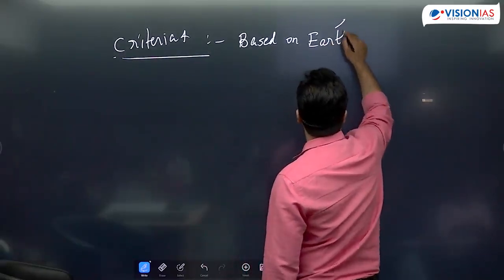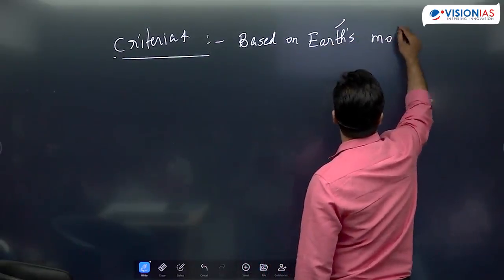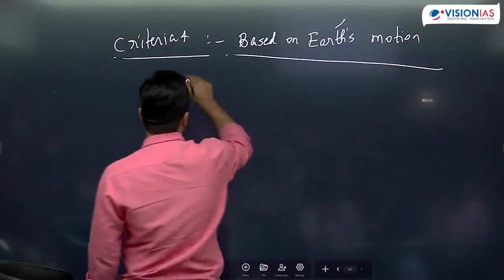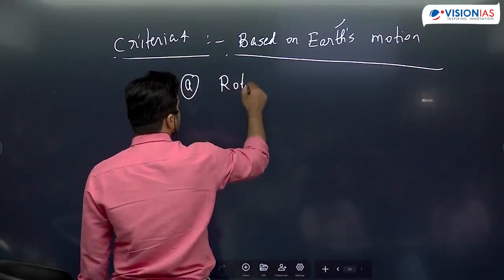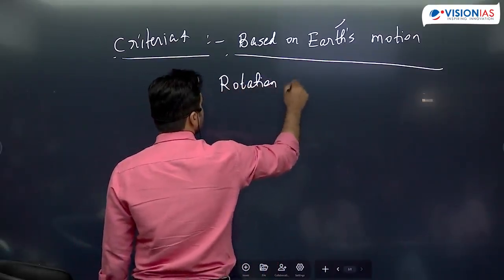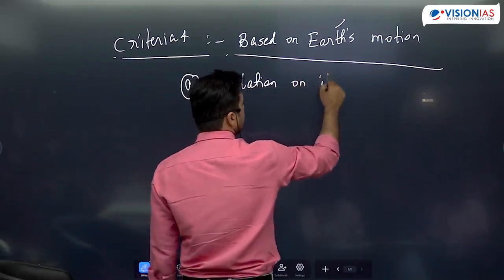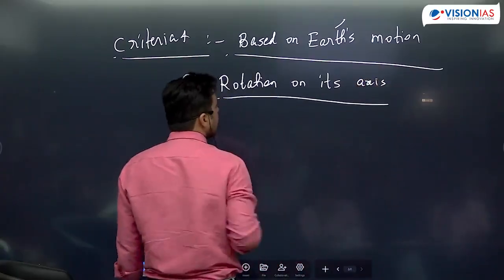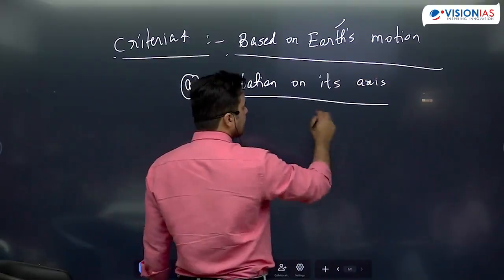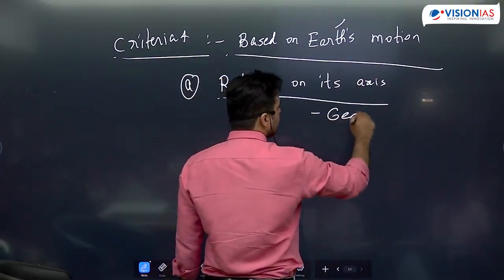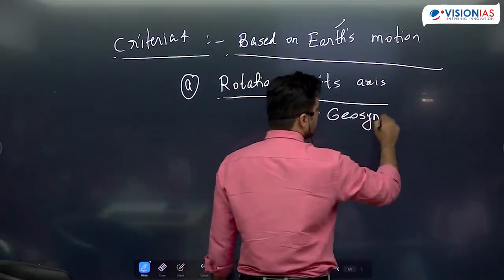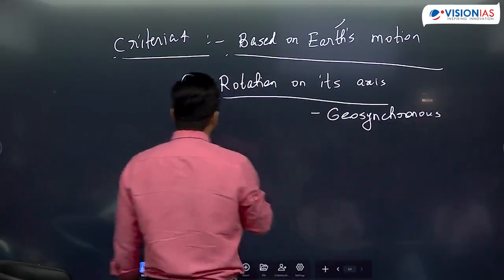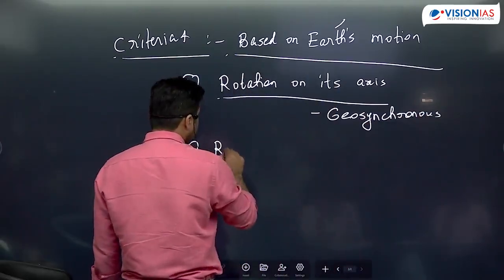based on Earth's motion. And Earth has 2 types of motion. Earth rotates on its axis. If there is an orbit which is synchronized to this rotation, this orbit is called geosynchronous. And Earth revolves around the Sun.